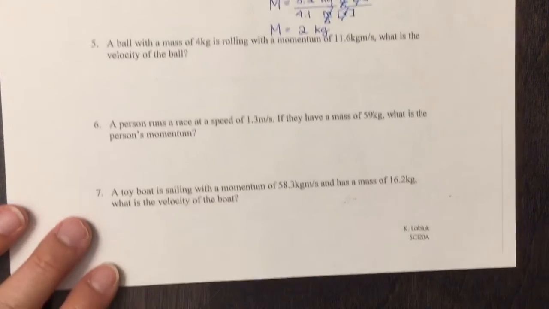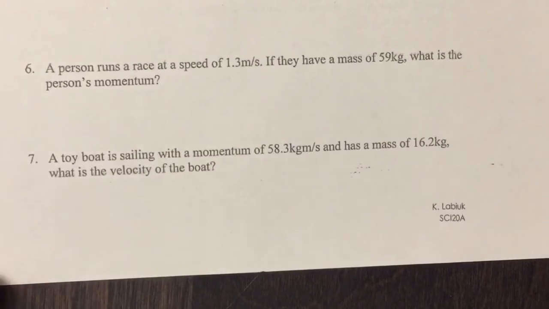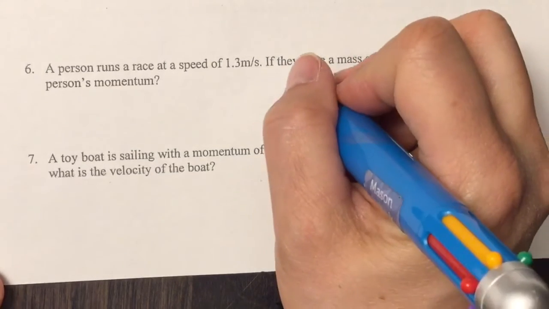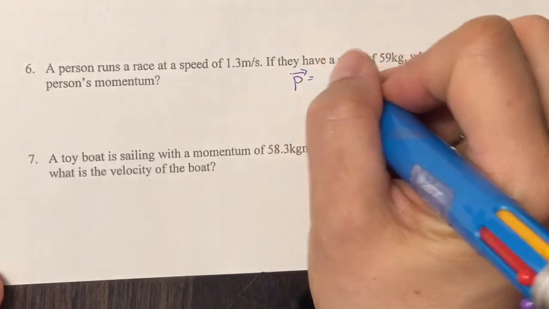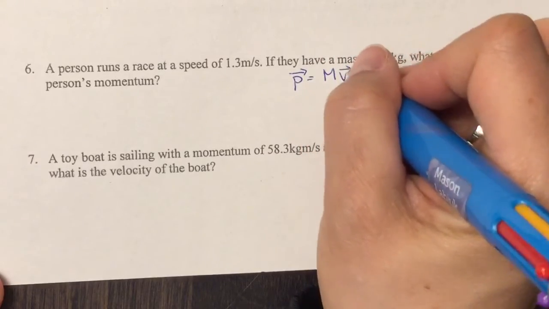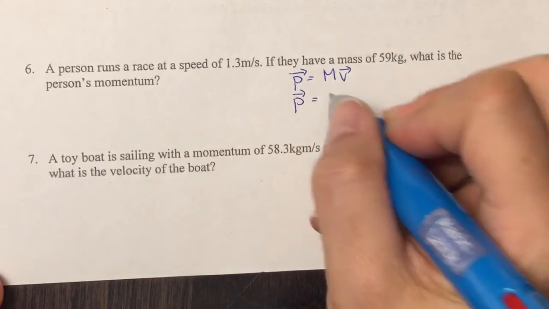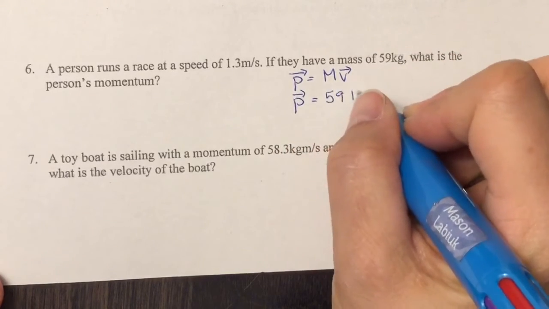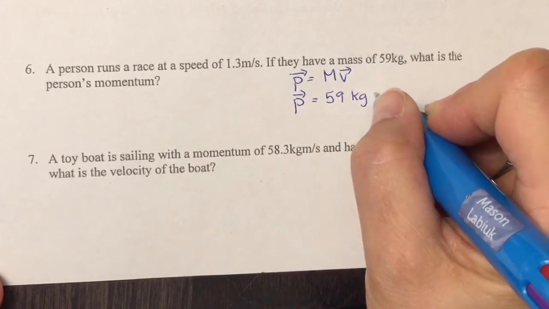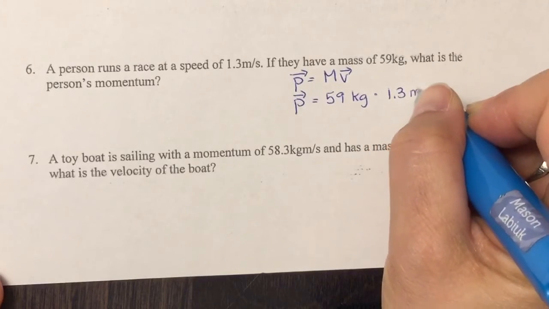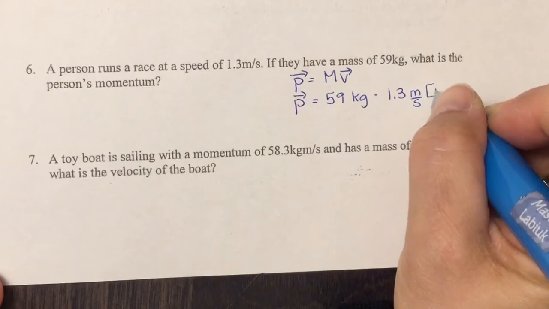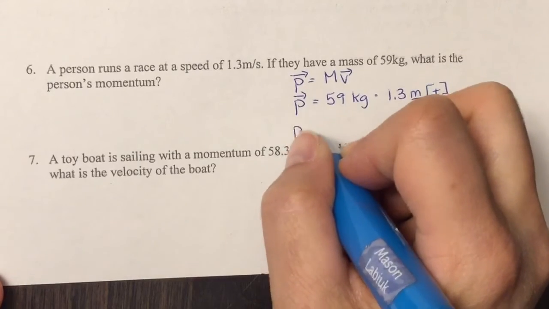Try number 6. A person runs a race at a speed of 1.3 meters per second. If they have a mass of 59 kilograms, what is the person's momentum? First thing, momentum equals mass times velocity. Plug in what I know. Momentum equals 59 kilograms times 1.3 meters per second, and we'll assume it's going forward.